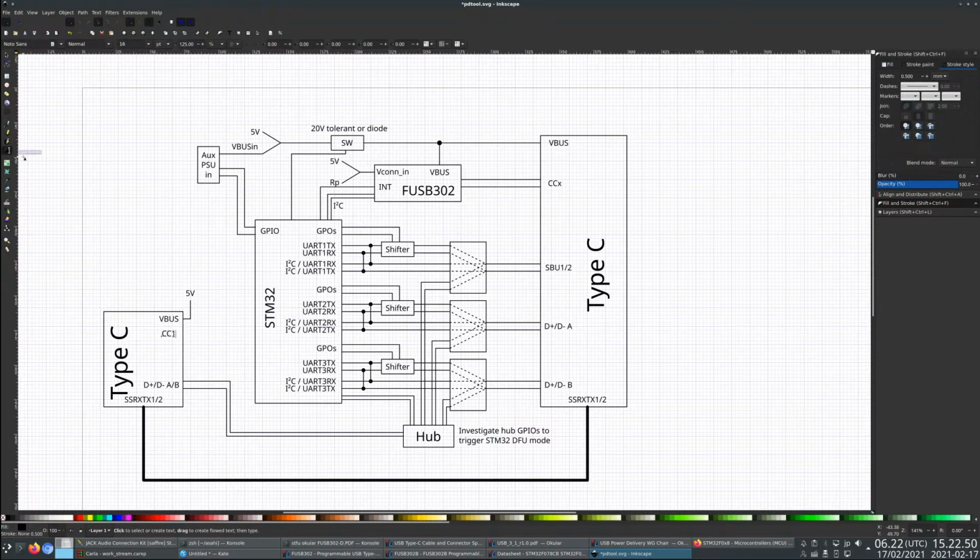We just need a PD. RP. Actually, I should just draw an actual resistor.